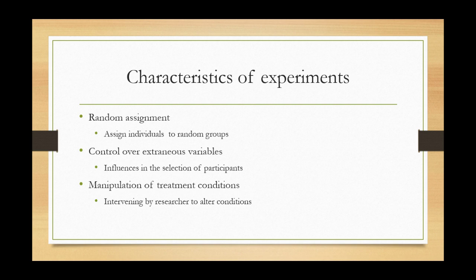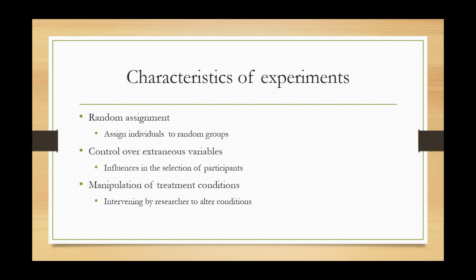Once you have selected participants, then you randomly assign them to either a treatment condition or to an experimental group. So you can have two groups. You have a treatment group, or we have an experimental group. In experimental treatment, the researcher intervenes to alter conditions that are experienced by the experimental unit.